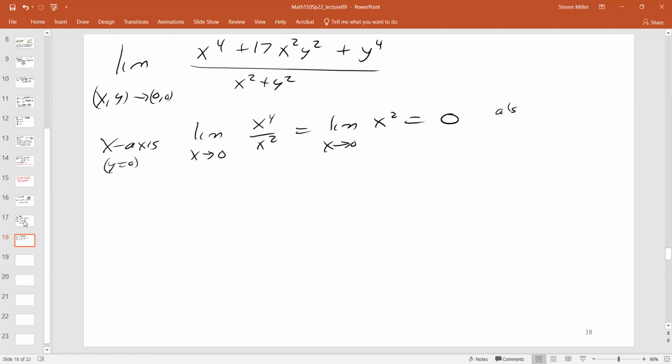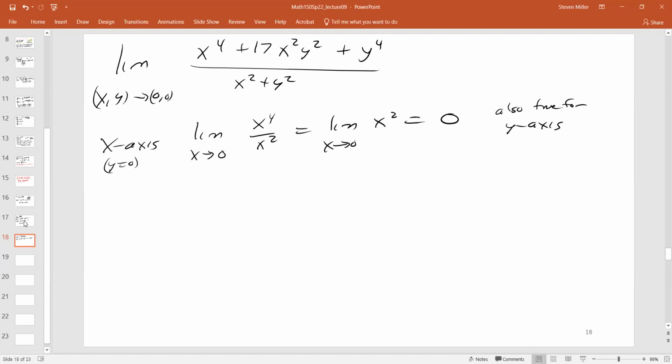And this is also true for the y-axis. You would also get 0. What's the easiest way to see that it's also true for the y-axis? You could, of course, do the calculation, but I claim you don't have to if you appeal to a certain result.